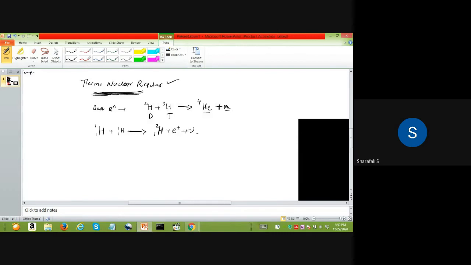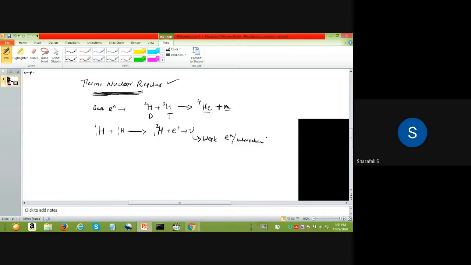That should be associated with a neutrino. If you have a neutrino, then understand that this is a very weak reaction. So this is a weak reaction, or we can say weak interaction. Weak interaction means this will happen very slowly. It will take more time.